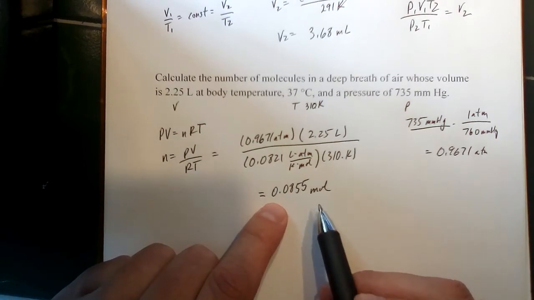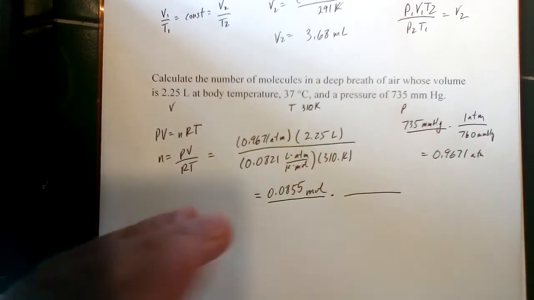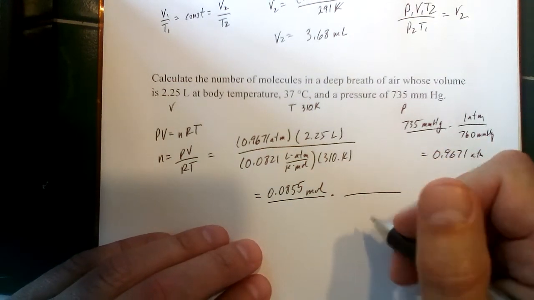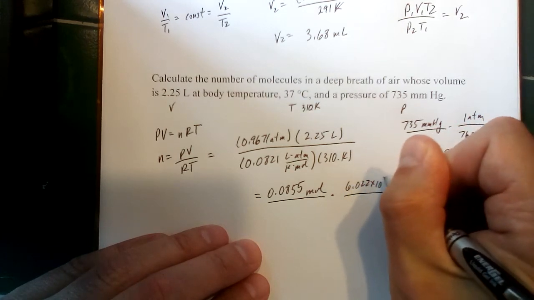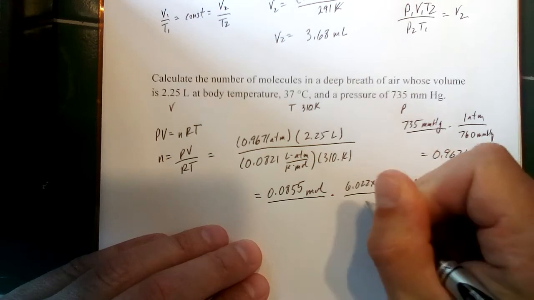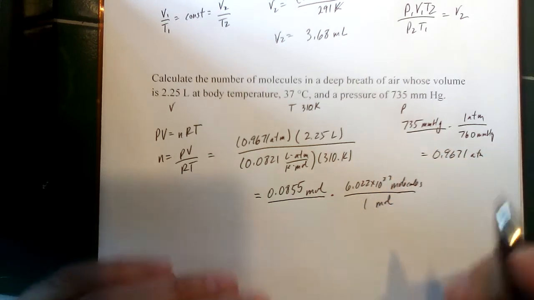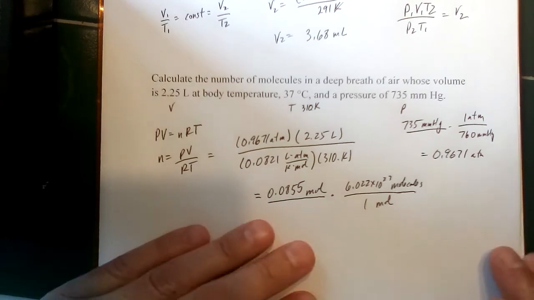If this is how many moles of gas there are, we can use Avogadro's number, or the Avogadro constant, to figure out how many molecules there are, because we know there are 6.022 times 10 to the 23rd molecules in 1 mole. And we don't even have to know what is making up the gas to know that comparison, right? So air is a mixture of primarily nitrogen and oxygen, but probably some CO2, maybe a couple other things in there.